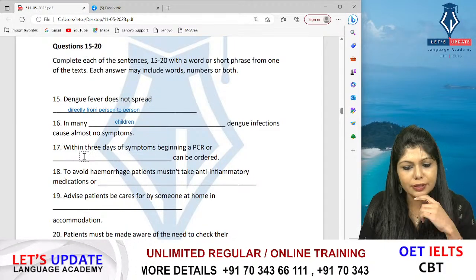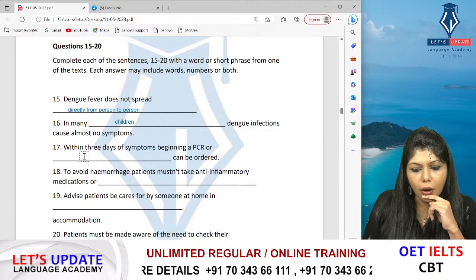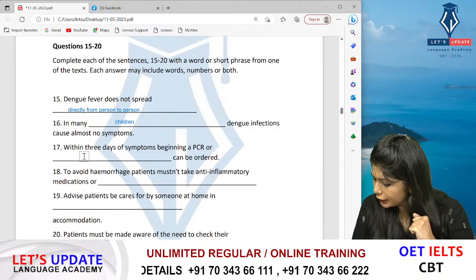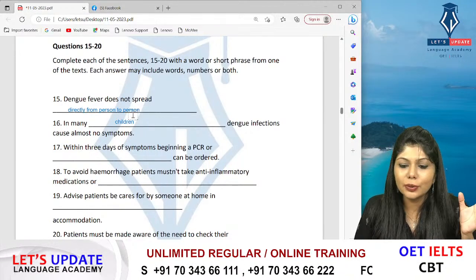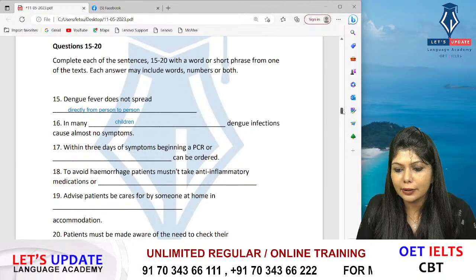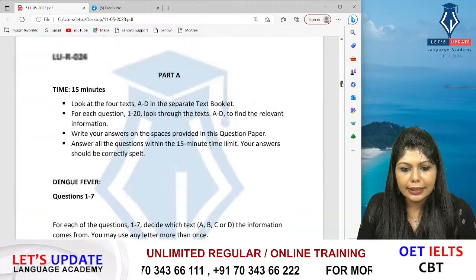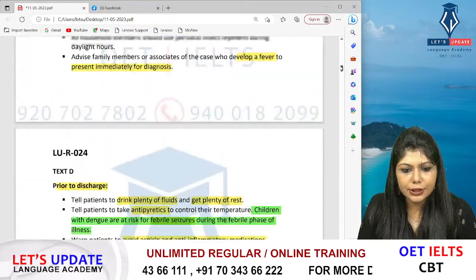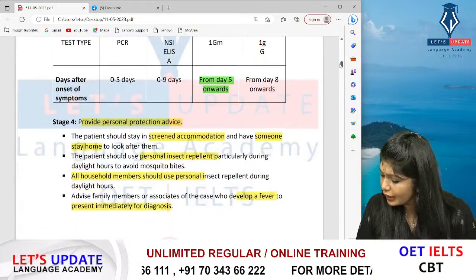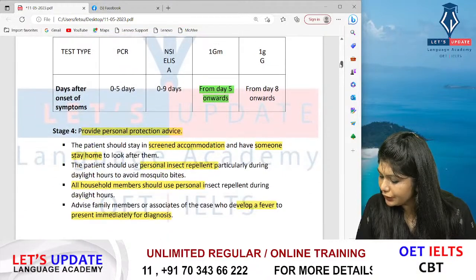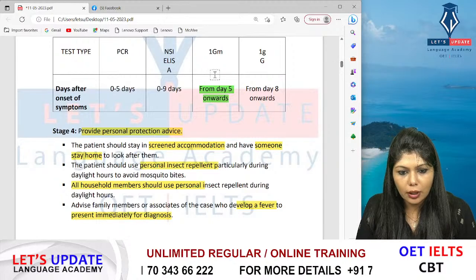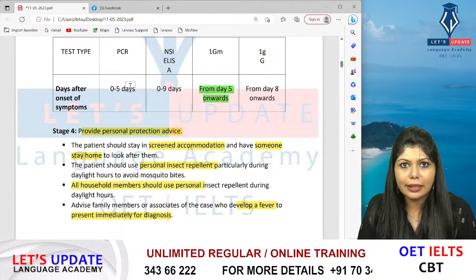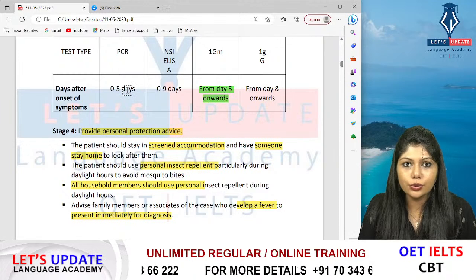Within 3 days of symptoms beginning, a PCR or dash can be ordered. Okay, so PCR is another test that was included in part C, I think, where there was this table, etc. So the question is, within 3 days of symptoms beginning, a PCR or dash can be ordered. So after 3 days, definitely PCR can be ordered because that is within 0 to 5 days.